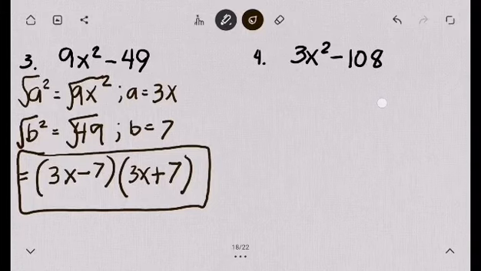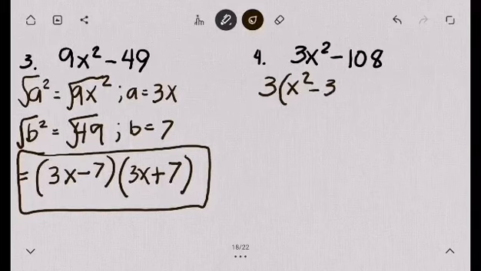So, kung GCF, pwede kasi ang GCF ng 3x square at 108 is 3. So when we factor out 3, so 3x squared divided by 3 is x squared. And then, copy yung sign, 108 divided by 3 is 36. Okay, so if you will notice this time, yung term na nasa loob ng parenthesis ay parehas ng perfect square. So pwede na natin gamitin yung pattern.